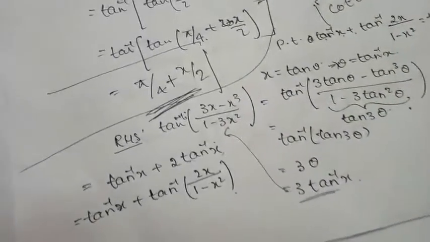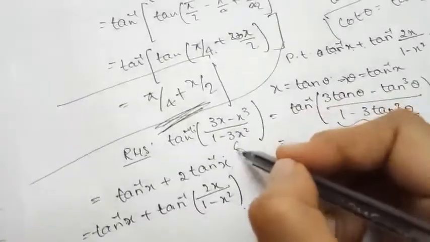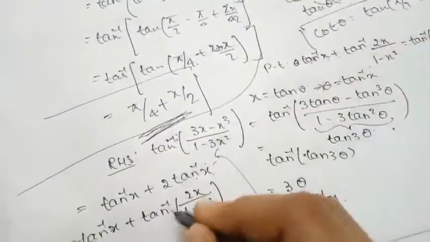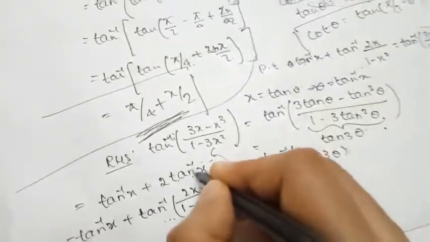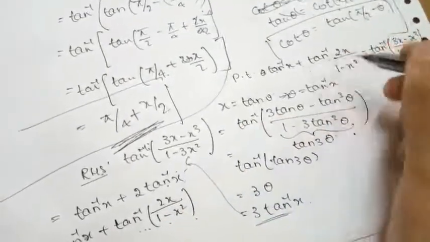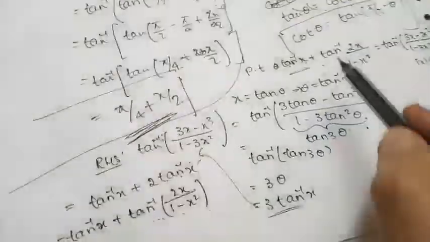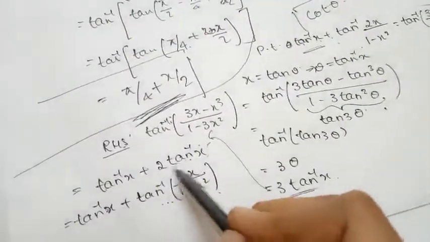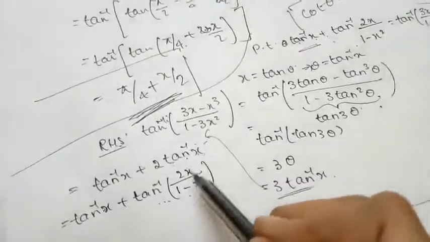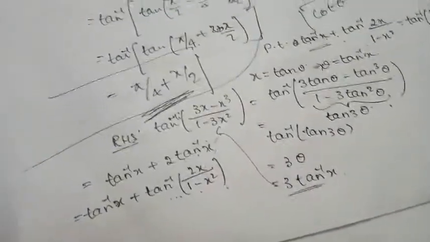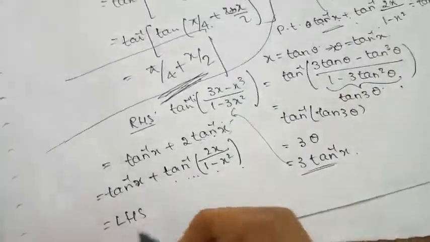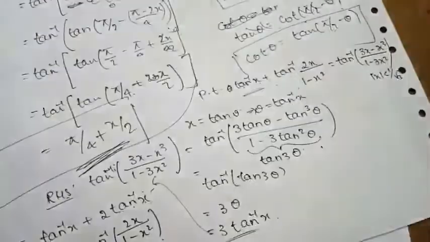This is the formula which we have come across. So I used that formula. 2 tan inverse has 3 formulas, but which formula suits here? The formula which I used suits this question. So tan inverse of x plus 2 tan inverse of x is equal to tan inverse of x plus tan inverse of 2x divided by 1 minus x square. So now this is equal to our LHS. Hence we have proved the given question.